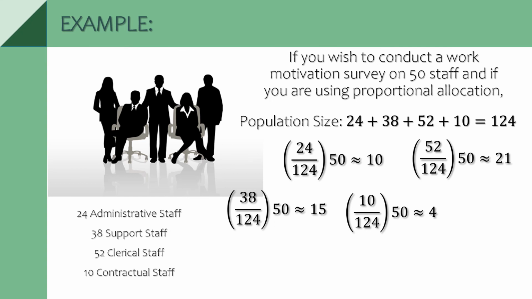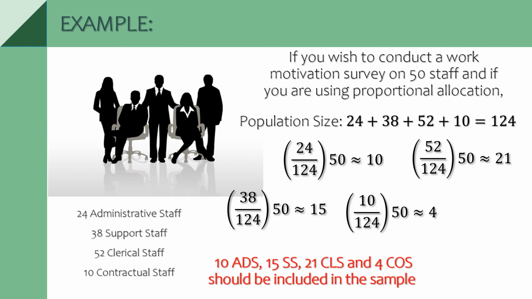Okay, if in case naman na kulang, magdadagdag tayo sa pinakamadami. Ganun yung gagawin natin para proportion pa rin siya. Okay, so 10 sa administrative staff, 15 naman sa support staff, 21 sa clerical staff, and then 4 sa contractual staff. Okay, so yun yung sample size natin.